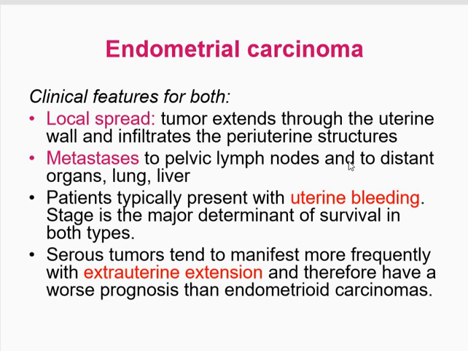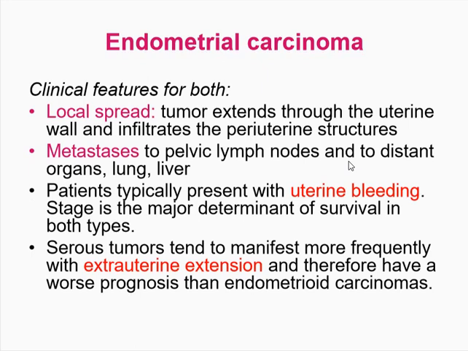As mentioned earlier, the most common presenting symptom is uterine bleeding. Serous tumors have a worse prognosis and are generally of higher stage at the time of detection. Endometrioid carcinomas, especially those of low grade, have a reasonably good prognosis.